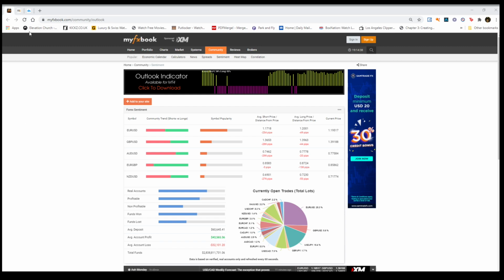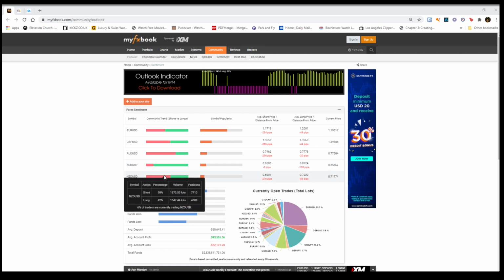So here we go. If you can see my screen, I always start with community outlook first. Basically we finish with Euro USD having more buyers, GBP USD having more sellers, and AUD USD having more sellers at 70%. And as always, your GBP has stayed with that short and long percentage having more buyers.